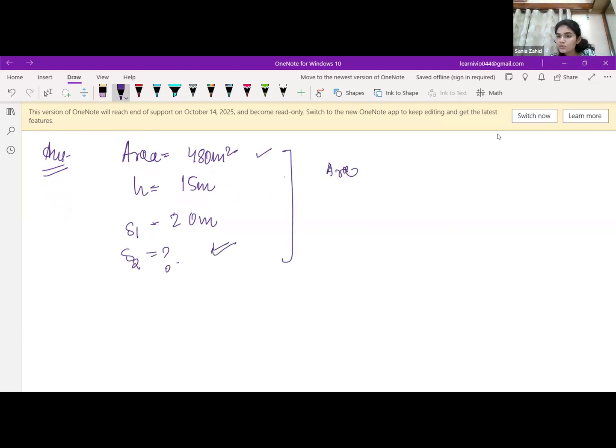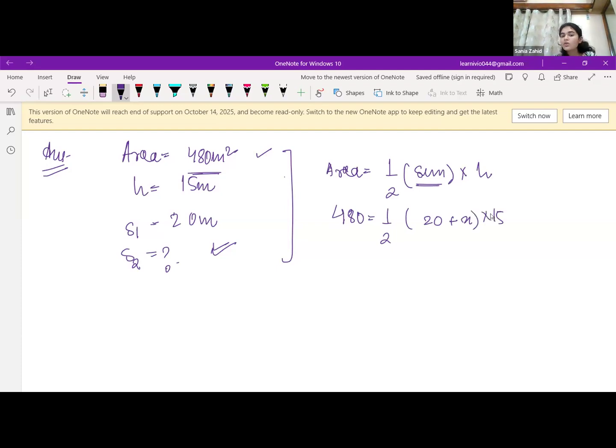Area is equal to half into sum of parallel sides into height. So what should I write for area? 480 is equal to half into, what should I write, 20 plus x into 15.